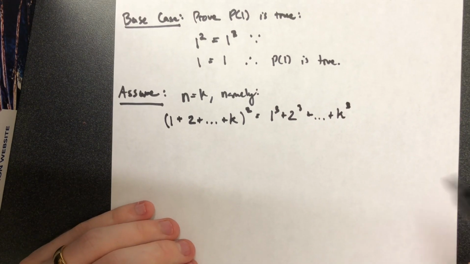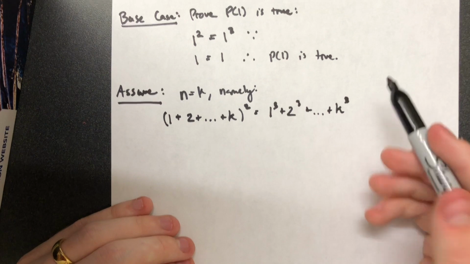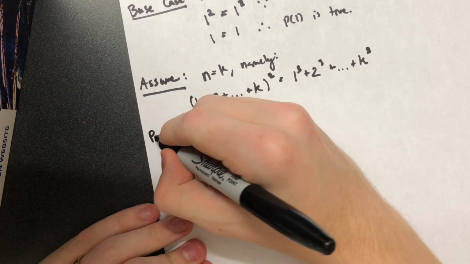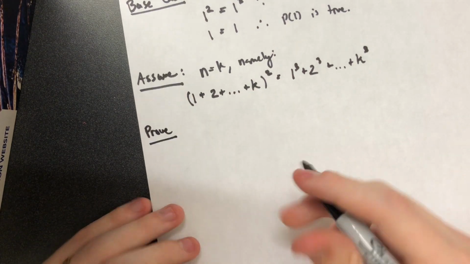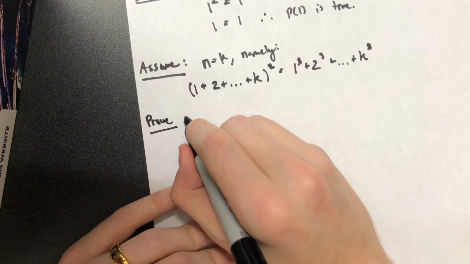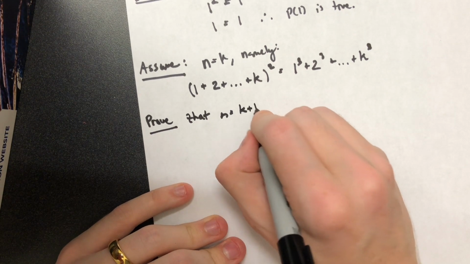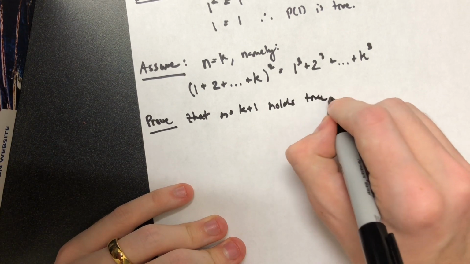I apologize for my horrific handwriting. Just like before, we just replace n with k, pretty simple stuff. Now, this is the induction step: prove that n equals k plus 1 holds true.